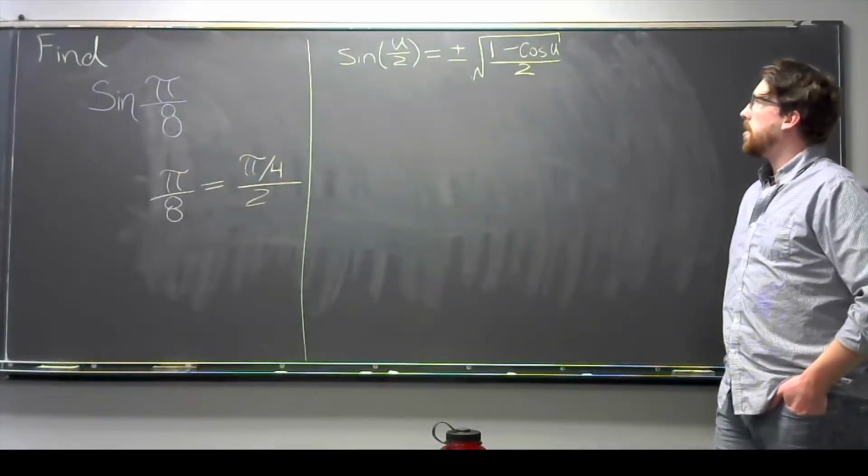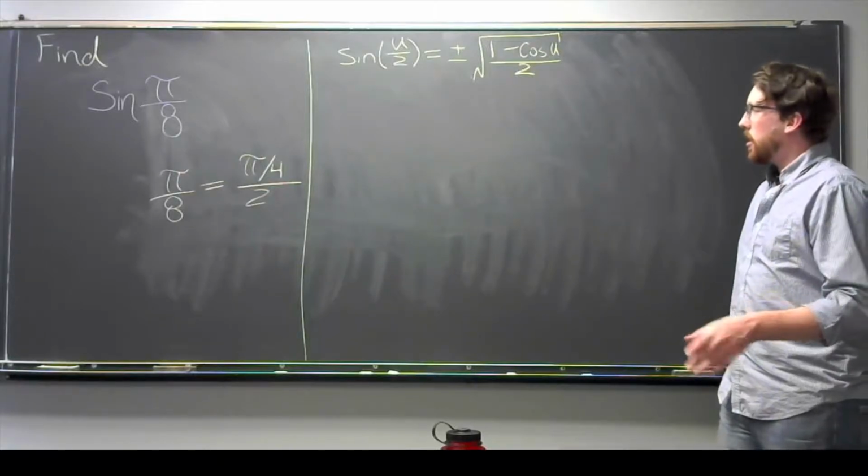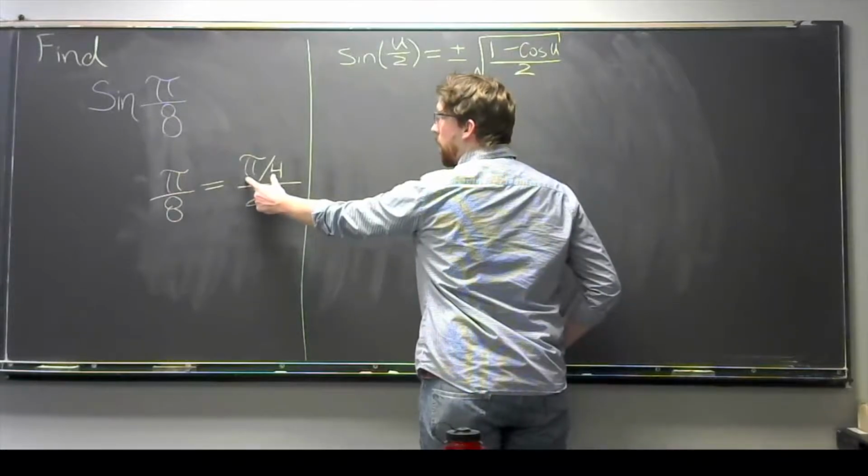Knowing that, what that tells us then is we can think of u, in this case, as pi over 4.